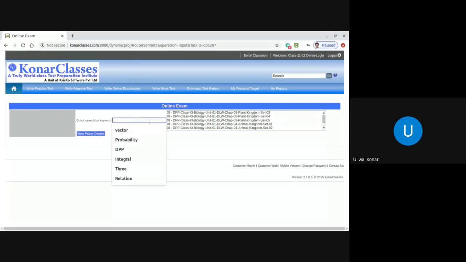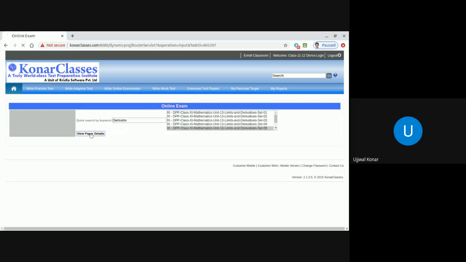Better you give a search. If you search, you'll get limits and derivatives. You choose DPP number 5. There is a reason why I'm talking about DPP number 5, because this chapter leads to limits and derivatives. DPP 1 to 4 are related to limits, which we didn't discuss, because that is not very relevant as far as physics is concerned.